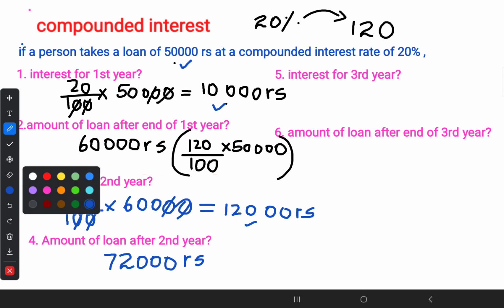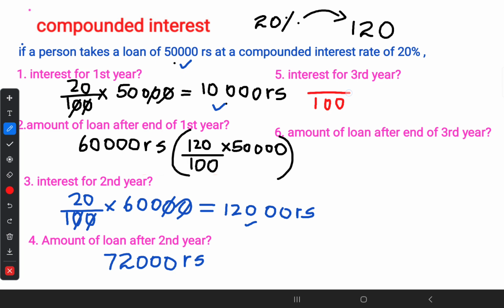Okay. Likewise, let's find it for the third year as well. To find the interest for the third year, 20 over 100 times what is the amount at the beginning of the third year? We know that the end of the second year and the beginning of the third year are the same. It is 72,000 rupees.